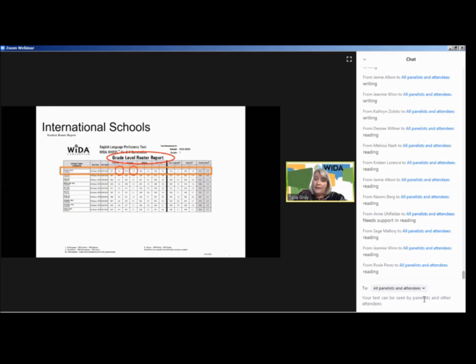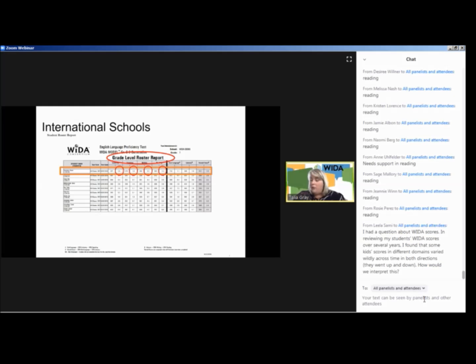I mean, he has an obvious strength and an obvious place where he needs more support. Look at his speaking. If I had this student in my class, I would work on talking to him and giving him opportunities to speak. His strength is writing. So, when I'm thinking about making partner groups, I may pair him with a student who struggles more in writing, but is like a confident speaker.